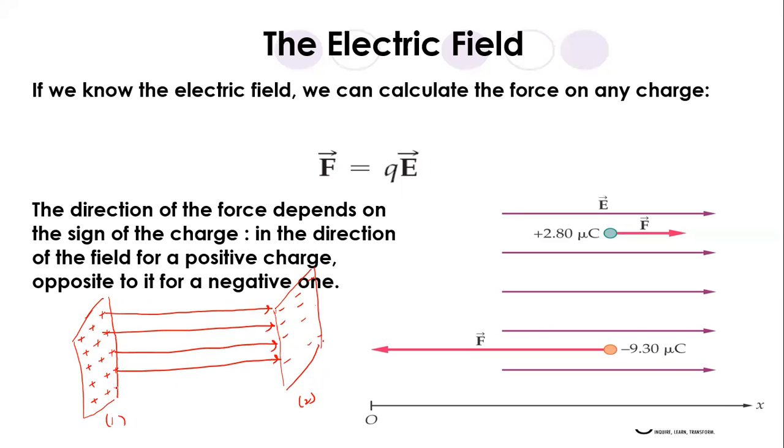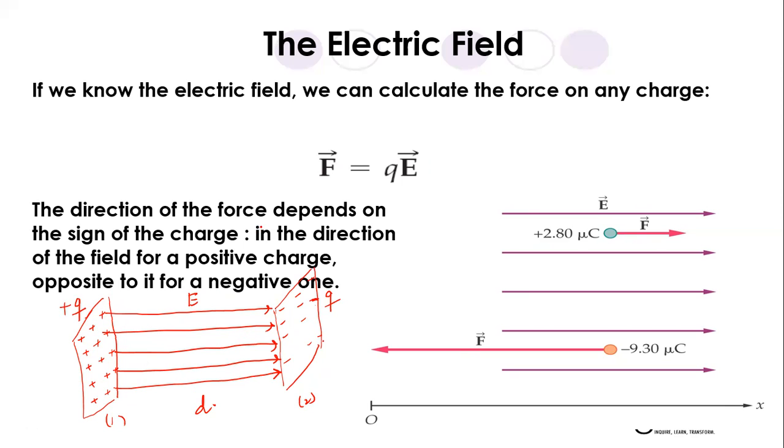In fact, this is what happens in a capacitor. Capacitors come in different shapes, but we can think of a capacitor as two plates separated by some distance. Both these plates have different charges. One is plus Q and the other one is minus Q. So whatever field is established between these two plates will be a parallel field.